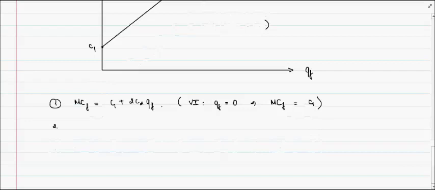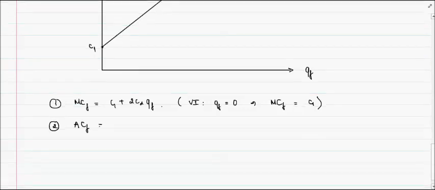Okay, so the next one is the average cost. Average cost for the firm is equal to C0 on QF plus C1 plus C2 QF.